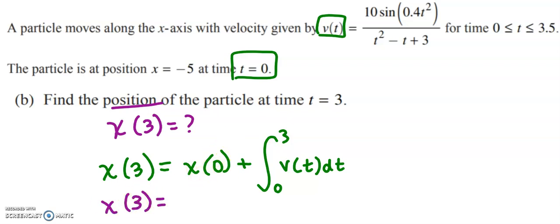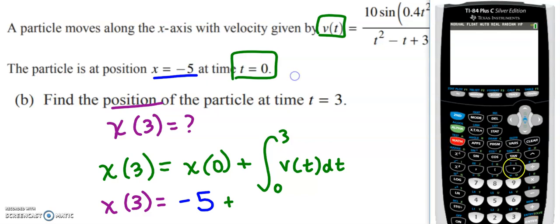X of 0 is -5. That was where I was starting, 5 miles or 5 units to the left of whatever I was referencing. This then, the integral from 0 to 3, I have my calculator, so math 9 for f int, from 0 till 3 of alpha trace y1, right, because I want the displacement, so I'm using this integral.